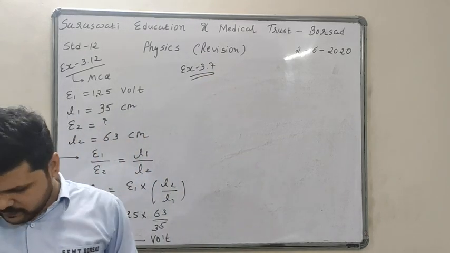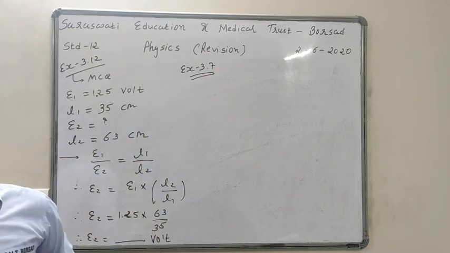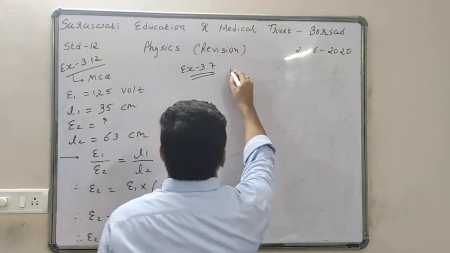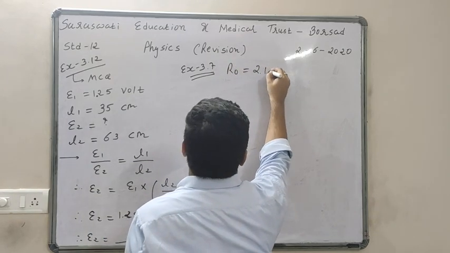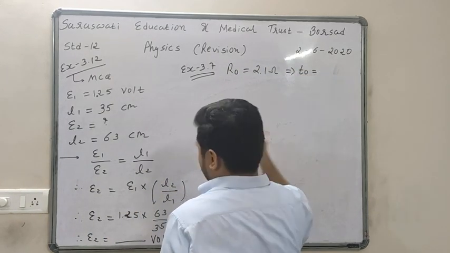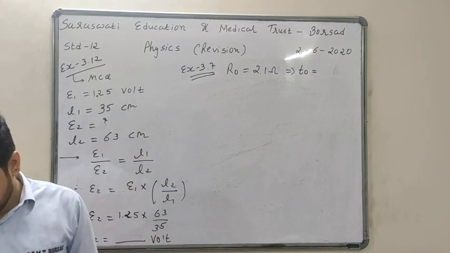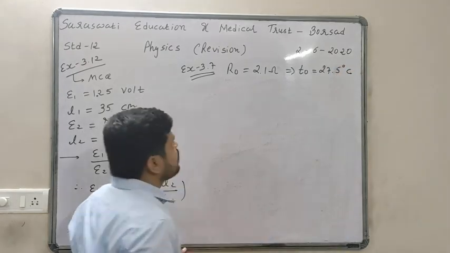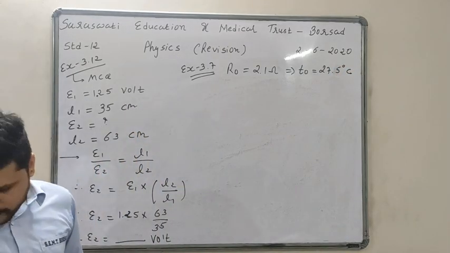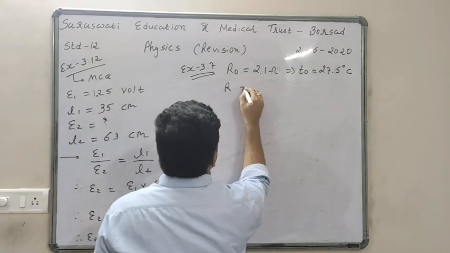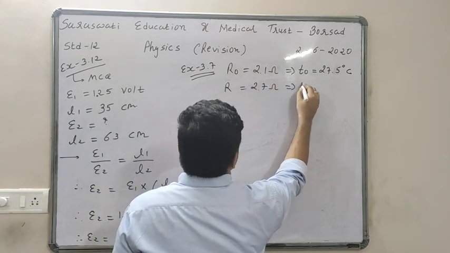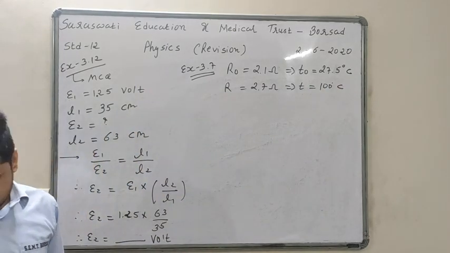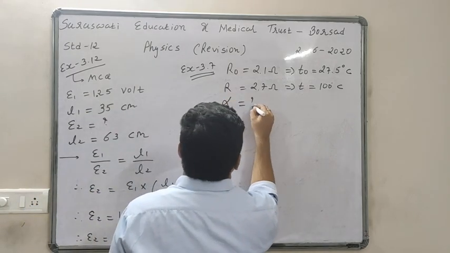In exercise 3.7 we are given that the resistance of a silver wire is 2.1 ohm at the temperature of 27.5 degrees Celsius, and 2.7 ohm at the temperature of 100 degrees Celsius. Then we are asked to find its temperature coefficient alpha.